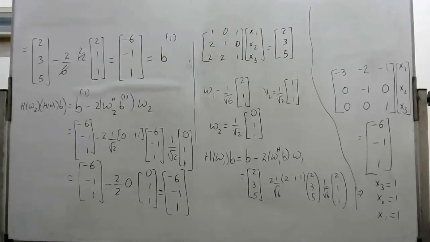Here we multiply by elementary Hermitian matrices to get an upper triangular matrix and solve the system. So we have studied three different elimination methods: Gaussian elimination, Gaussian elimination with pivoting, and now Gaussian elimination by using elementary Hermitian matrices.